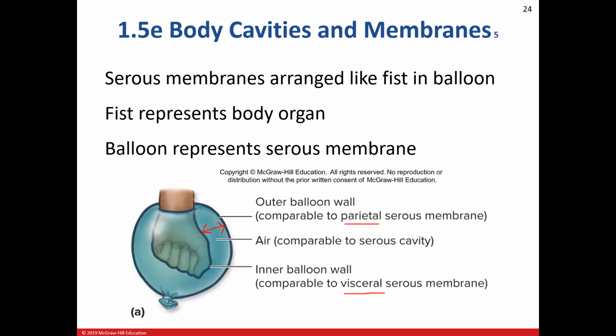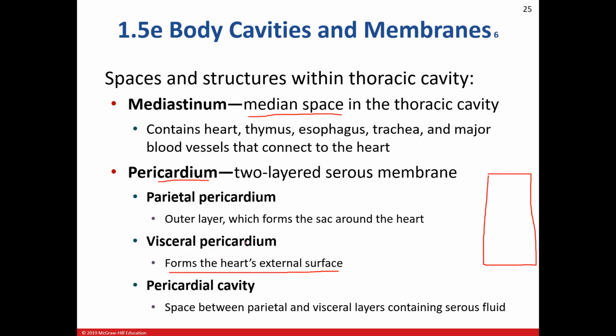That's this guy right here. That's the visceral pericardium if this is going to be our heart. Then you have the pericardial cavity that is on the outside of the visceral pericardium. And then the outermost layer is the parietal pericardium. This is going to form that sac around the heart.